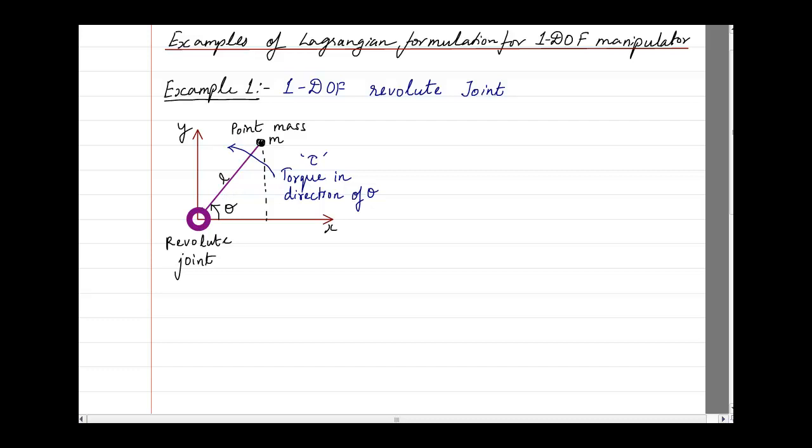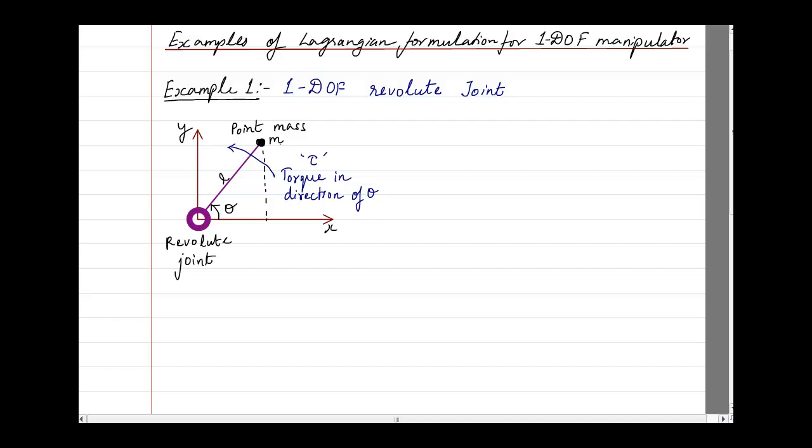Now here the link has a length of L, and the link would generally have a mass, but for the case of simplicity we are considering that the whole mass is concentrated at this particular point, and that's why we are calling it a point mass.